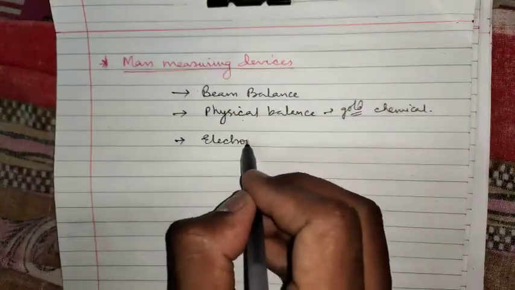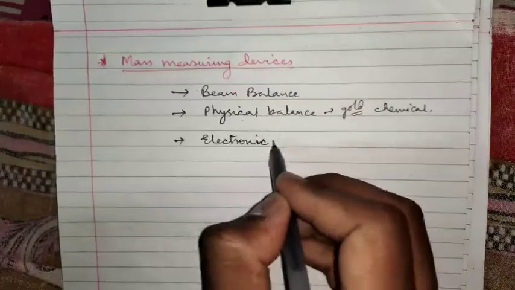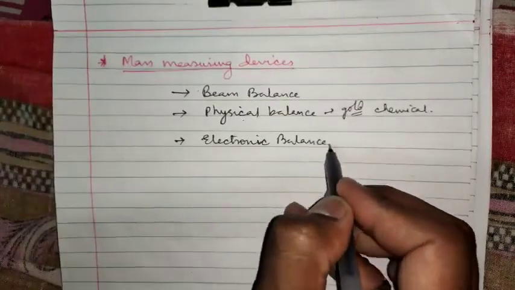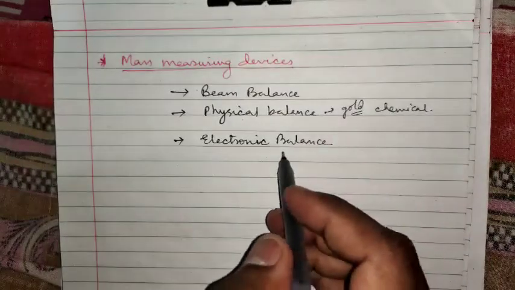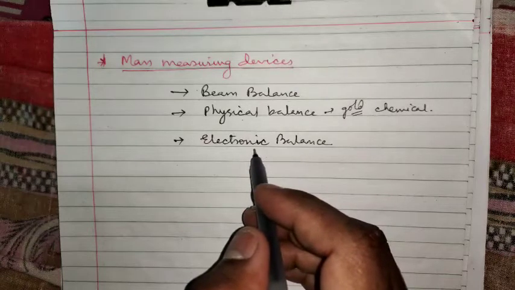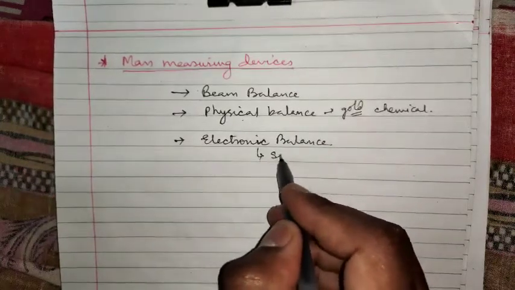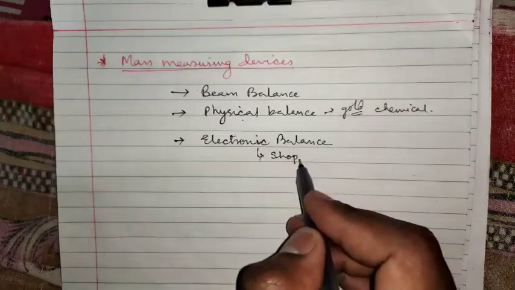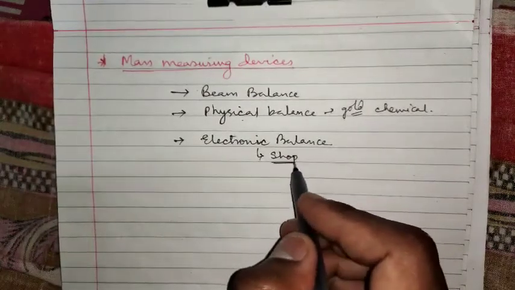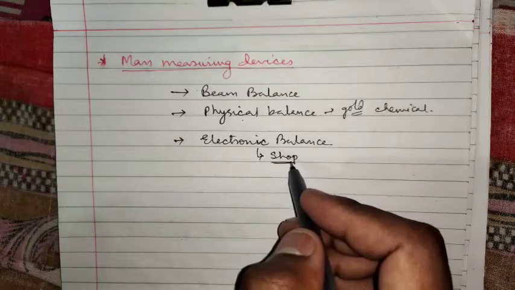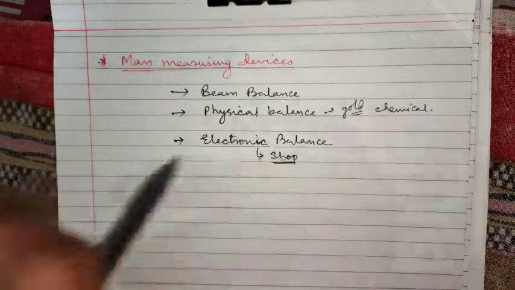The next type of measuring device is the electronic balance. This electronic balance is the new way of measuring mass. You might have seen it in a kirana shop. You can see the diagram given on page number 30 to understand it more. Let me show the diagram.